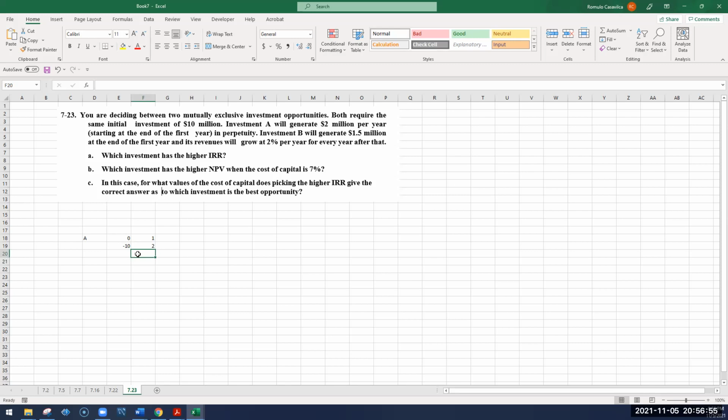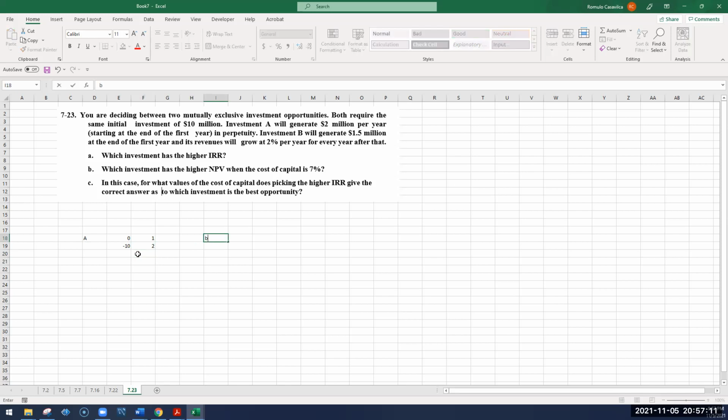It doesn't say anything about the rate. Oh, I don't need a rate for now. Okay, so this is the first project, the timeline.